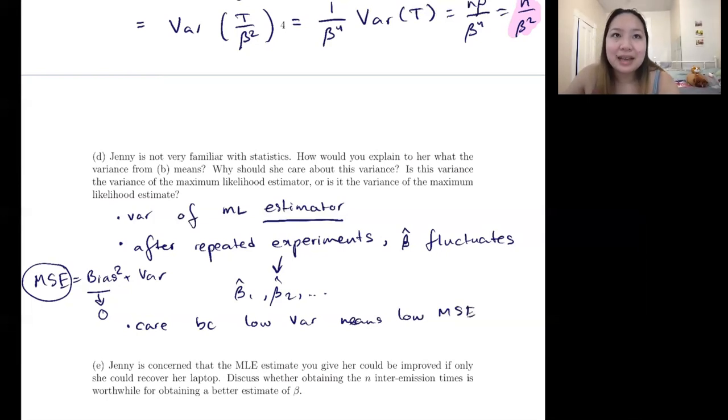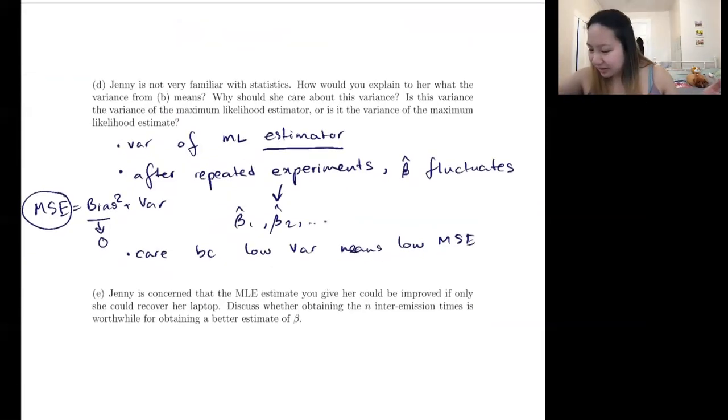I think that answers all of those questions. So it is the variance of the MLE estimator. After repeated estimates, this is how the estimate will fluctuate around the true value, and we care because of the low variance and MSE.